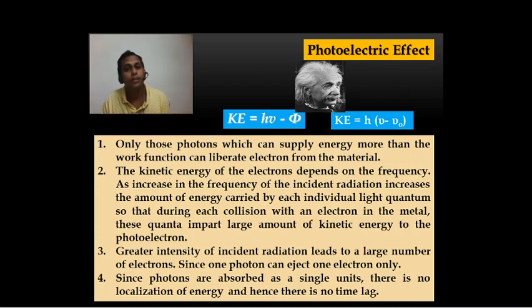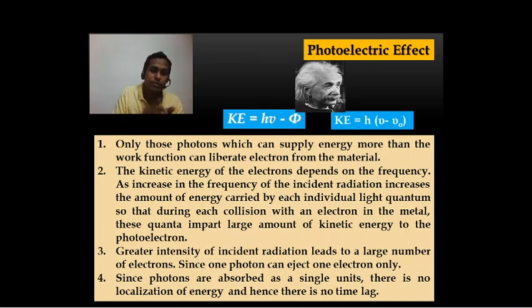And the second point is the kinetic energy of the ejected electrons depends only on the incident frequency, not on the intensity. If we increase the frequency, the kinetic energy of the ejected electron increases. Okay, the first one is there should be a minimum frequency, the threshold frequency.